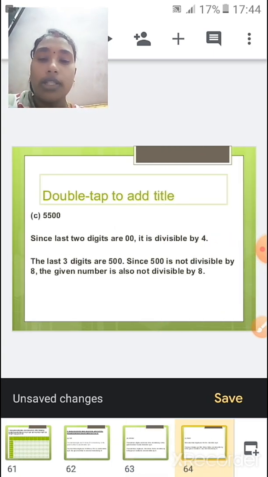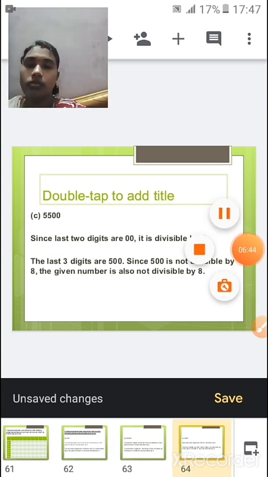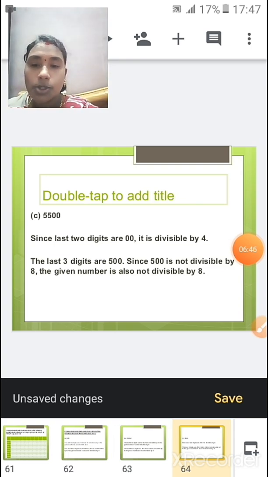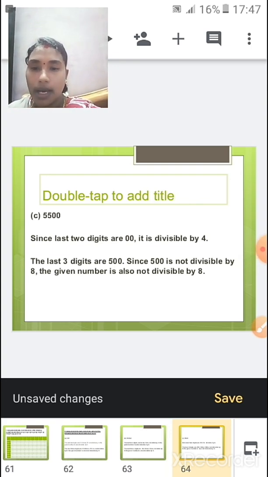5500. Now take out the last numbers 0 and 0. So 0 0 is divisible by 4. Yes, 0 0 is divisible by 4. Since the last two numbers are 0 and 0, so 0 and 0 is divisible by 4. So hence the whole number is divisible by 4 again.